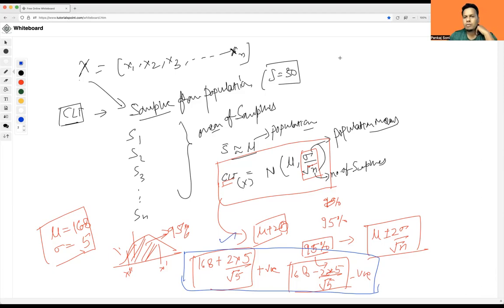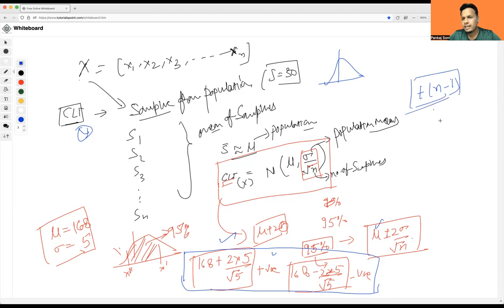So we saw from the Gaussian normal distribution that for any distribution following the central limit theorem, we can calculate the interval of 95%, or whatever probability you want, based on this formula: mu plus minus 2 sigma divided by root n. We also saw another table called the t distribution, with degrees of freedom n minus 1.